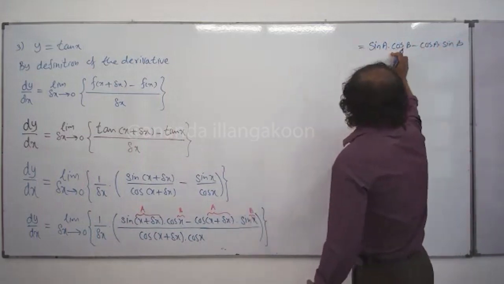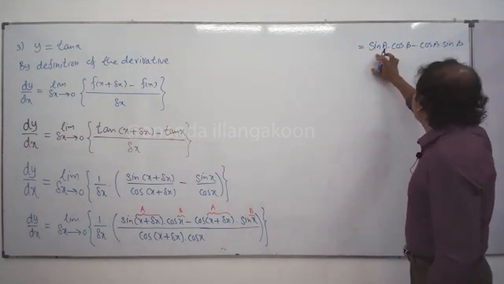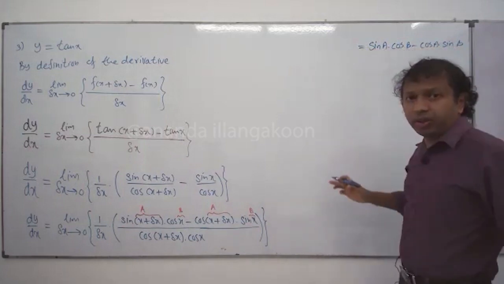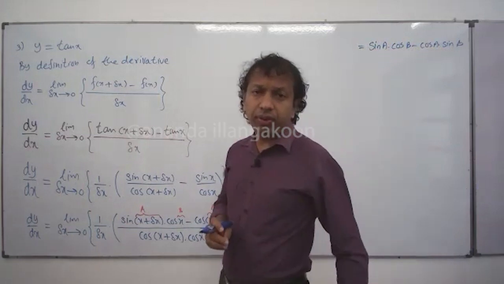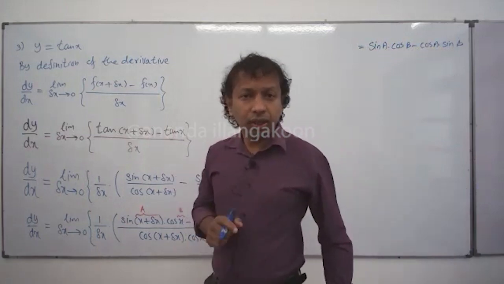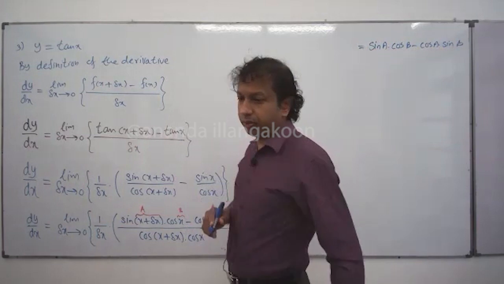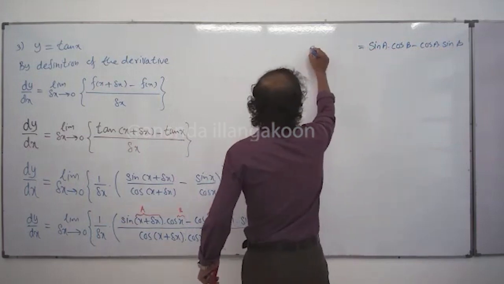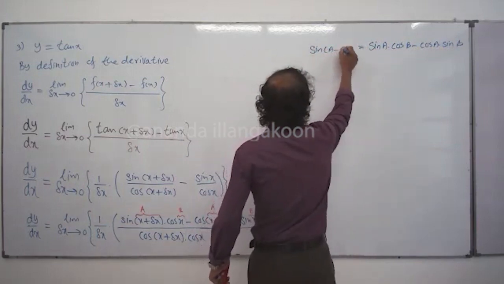This kind of expansion, sin A cos B minus cos A sin B, comes from the trigonometric formula sin of A minus B. Can you remember that? Sin of A minus B. So therefore I can write this as sin of A minus B.